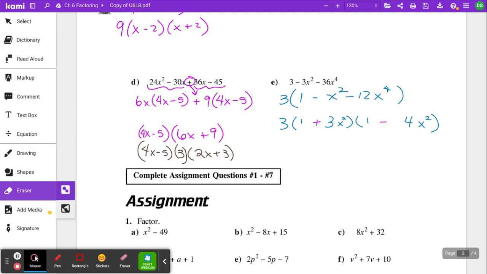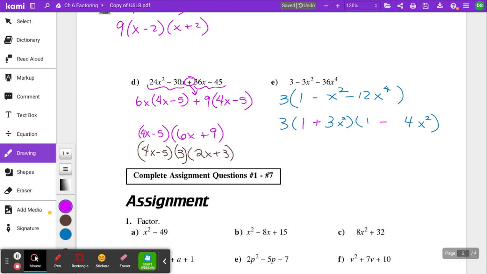Well, definitely not with this bracket. The 1 plus 3x squared is done because it's a plus. But look at the negative one. Do you see it? Are those both squares? Is one a perfect square, Micah? Yes. 4x squared, definitely.